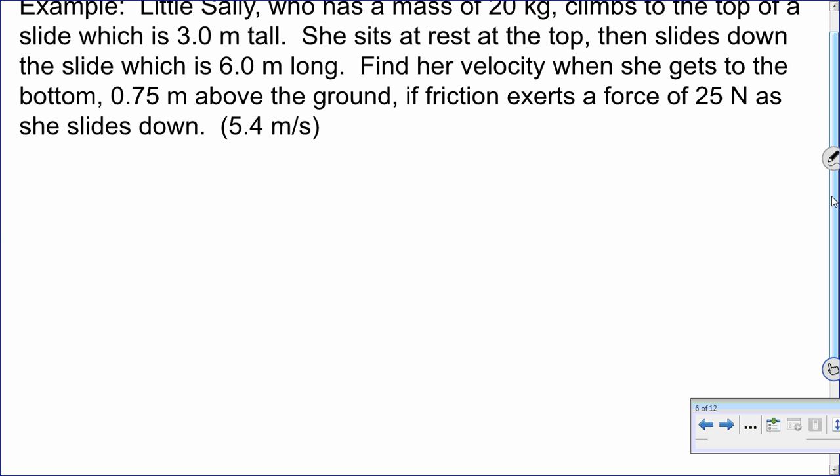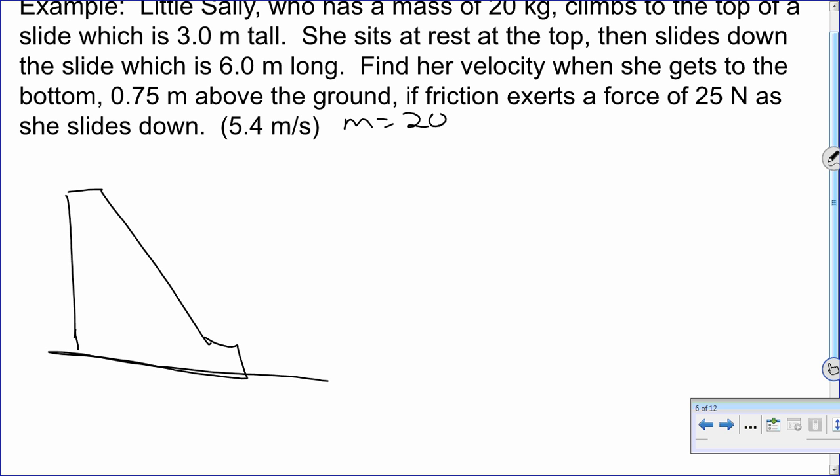All right, so we've got a kid on a slide. The mass is 20 kilograms, so let's draw this thing. Here's the slide. Here's what we know. The mass is 20 kilograms. At the top of the slide, the height is 3 meters.